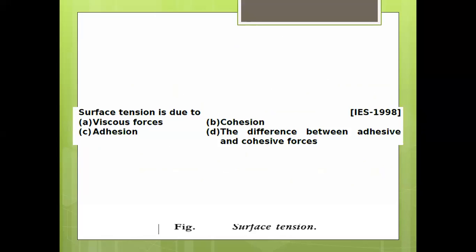This is the question about the surface tension. It has been asked in the IS examination 1998. What is the question? Surface tension is due to the, what is the option? Who will give the answer?